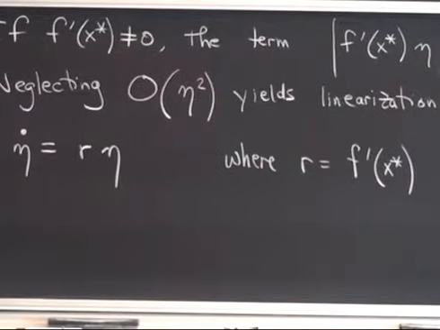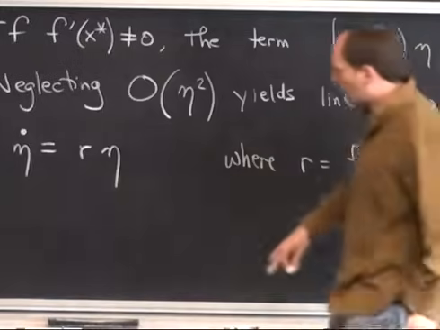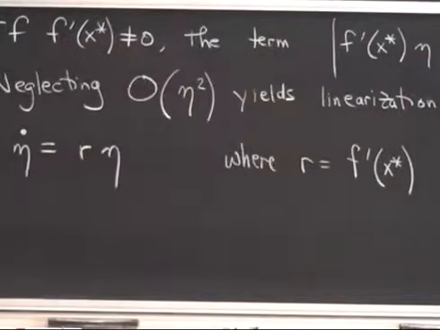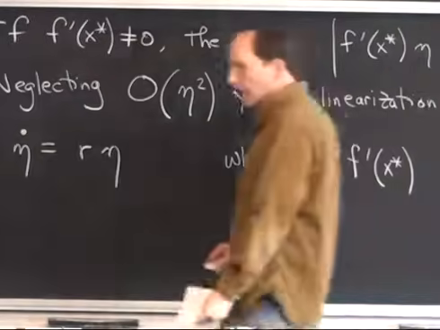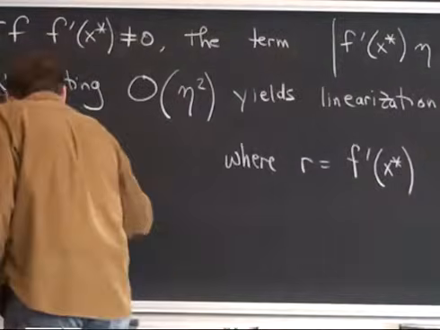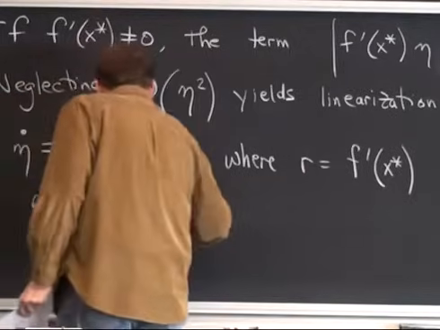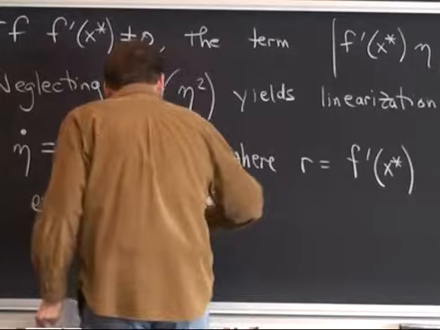And so you see this is a very easy little linear differential equation that we know much about from previous either calculus or differential equations courses. That is, that just produces exponential growth or decay depending on if r is positive or negative. So you would get exponential growth.